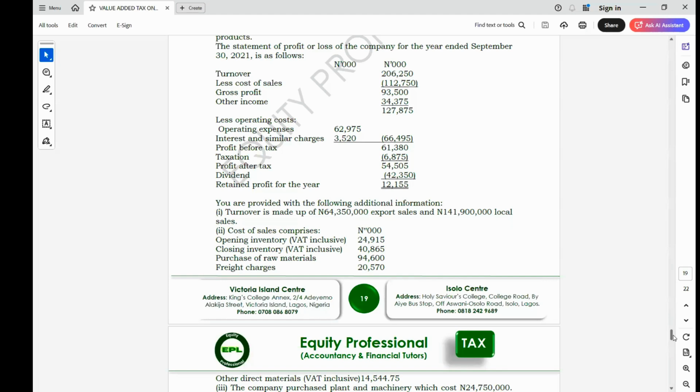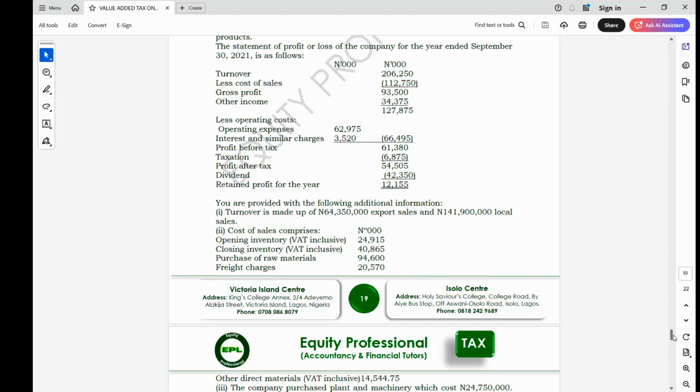But the export sales will not attract VAT because it is something that was done outside. It's because Nigeria adopts the destination principle. Yes, we adopt the destination principle.